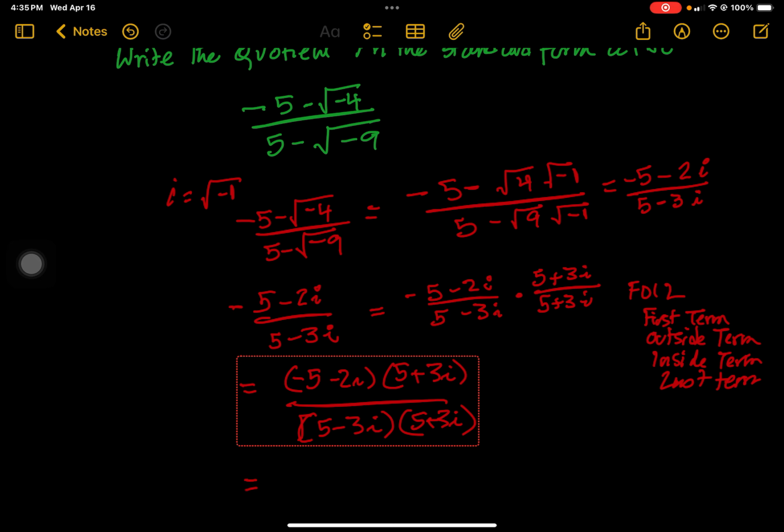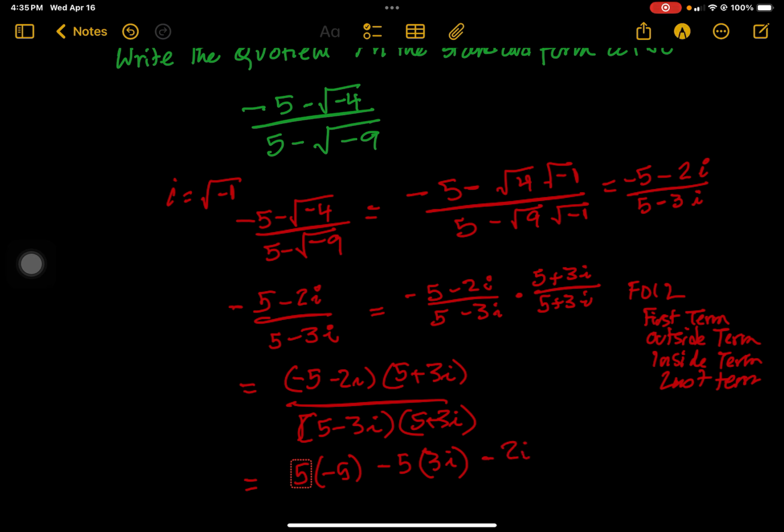So we are applying the FOIL in the numerator. The first term is 5 times minus 5. Then the outside terms: one is minus 5, the other is 3i. Then the inside term is minus 2i from the first term times 5. And then the last terms: minus with a plus makes a minus, and 2 times 3 is 6, and i times i is i squared.